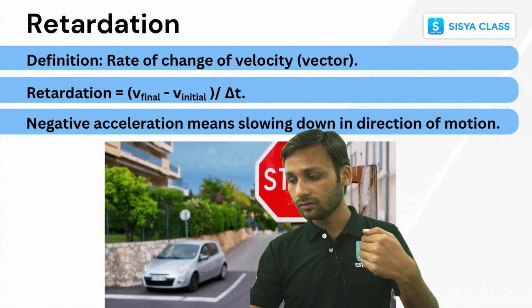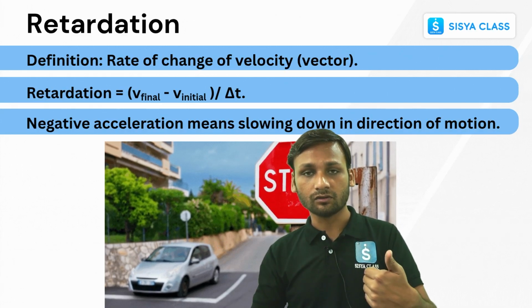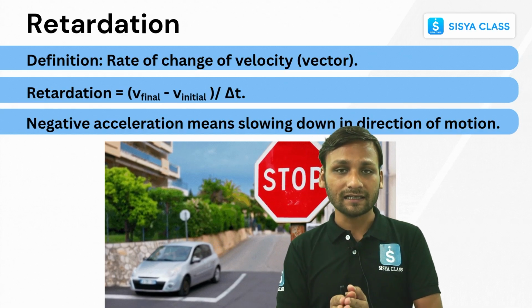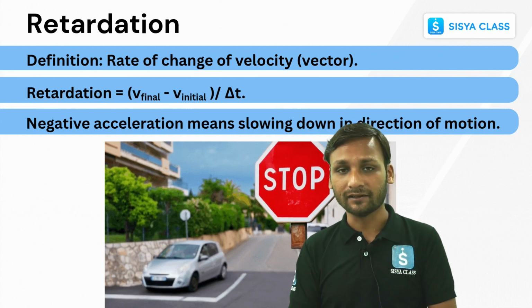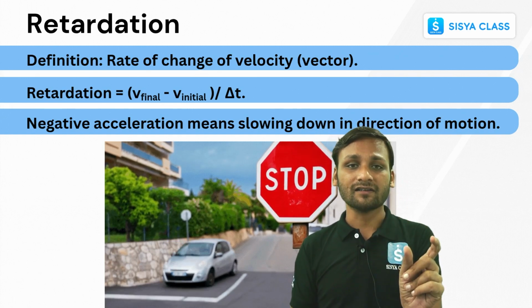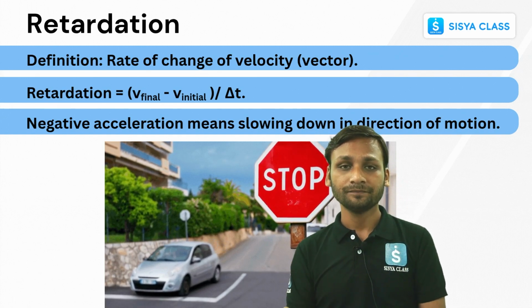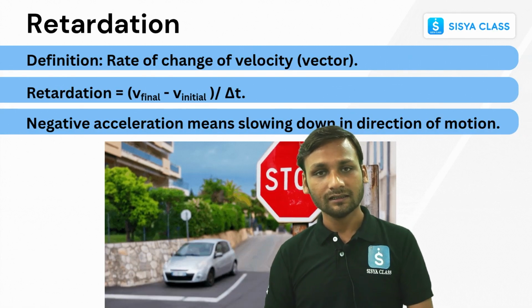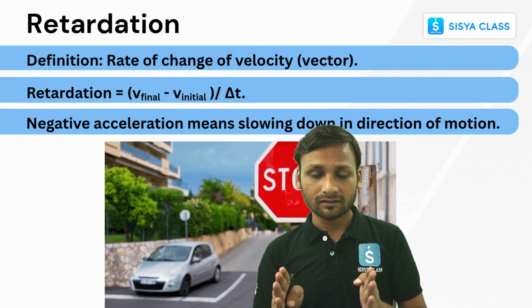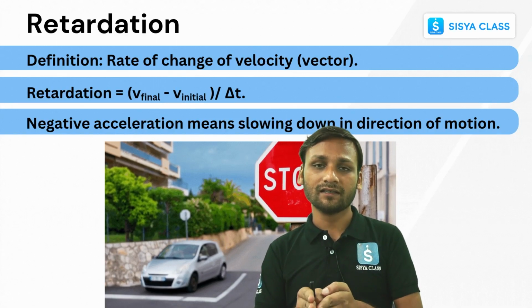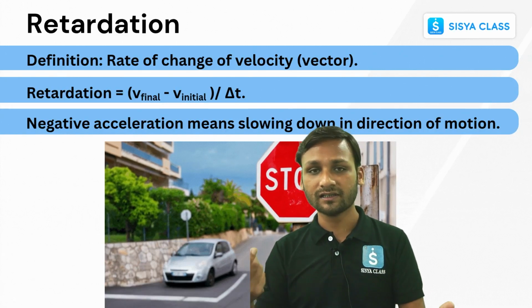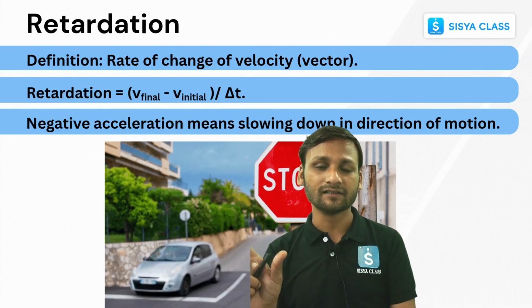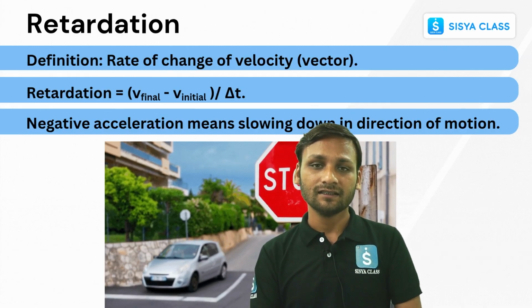In this case, if you calculate the acceleration, it will be negative. This negative acceleration is called retardation. Acceleration has two types: positive acceleration and negative acceleration. And negative acceleration has a separate name, that is retardation.